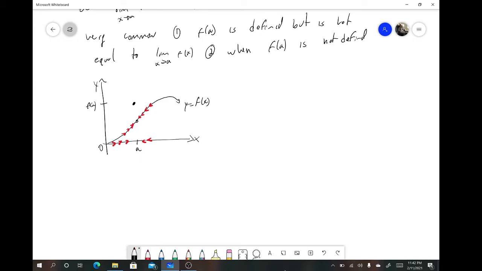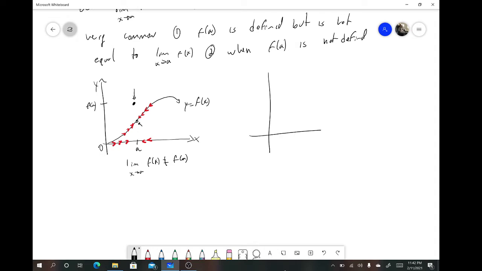But we know that the value of a at that particular point is up here, but the limit is going to be this open hole here. So here in this graph, the limit as x goes to a of f of x is not equal to f of a.